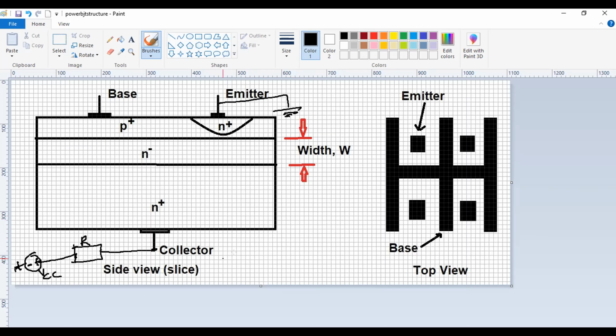Basically what I'm doing is setting VCE to be greater than 0. The idea behind this is to make sure that any electrons move from the emitter down to the collector. So that's why I am applying VCE greater than 0.